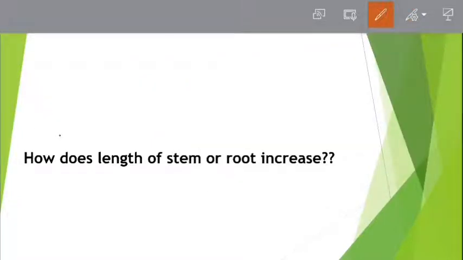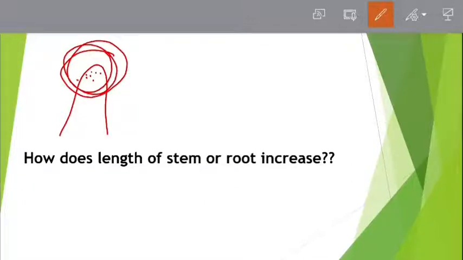What we learned is that the cells responsible for increasing the length of the stem are present only at a certain location, not in the entire stem. These cells are present at the tip of the stem.